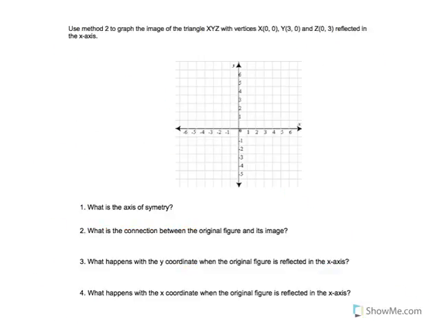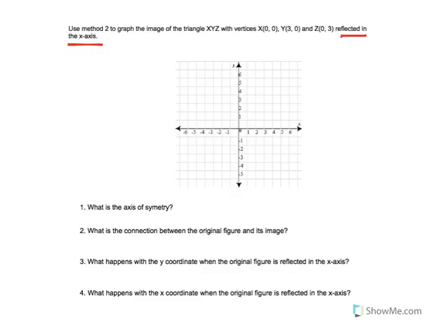All right, now let's look at transformations. Let's look at reflections in the coordinate plane. So let's look at this number. It says, graph the image of the triangle XYZ with vertices 0, 0, 3, 0, and 0, 3 reflected in the x-axis. Okay, so we're reflecting in the x-axis.